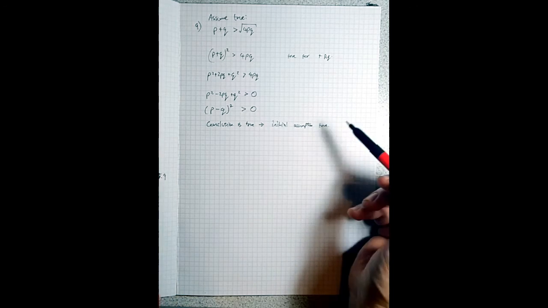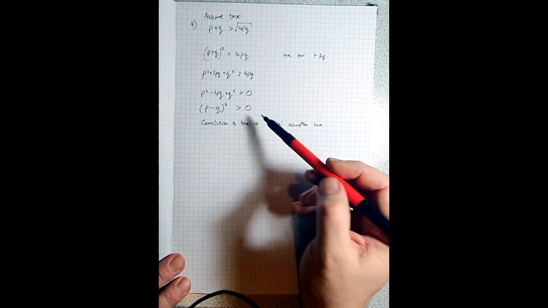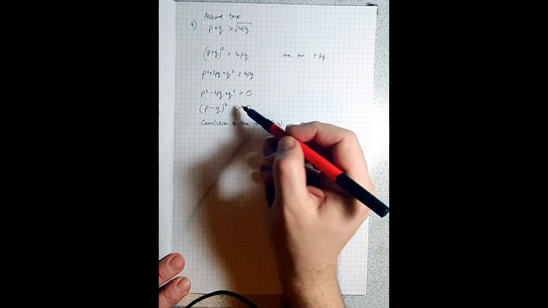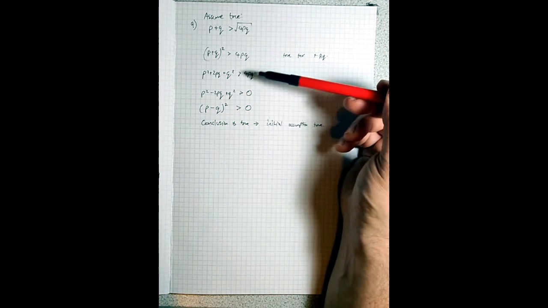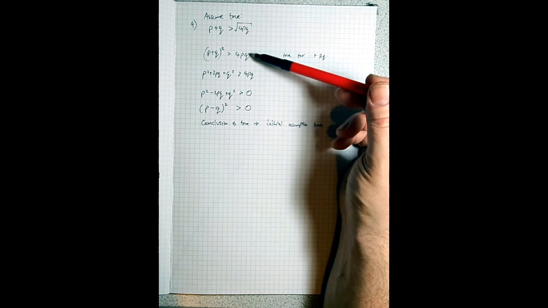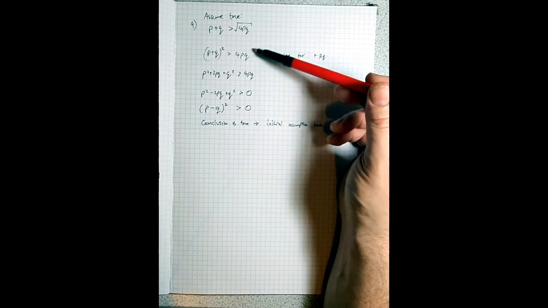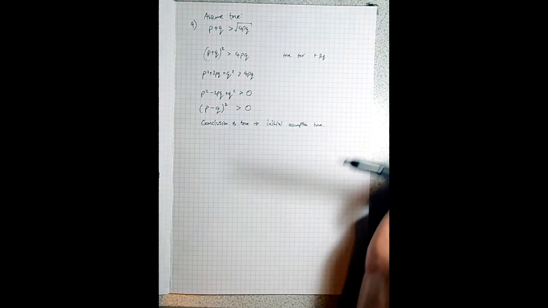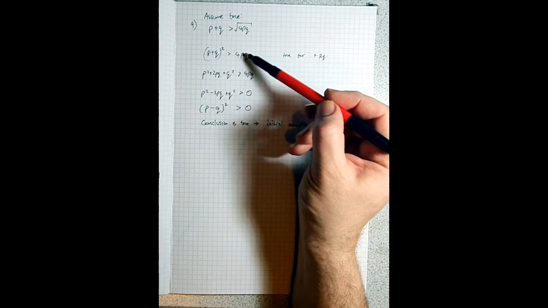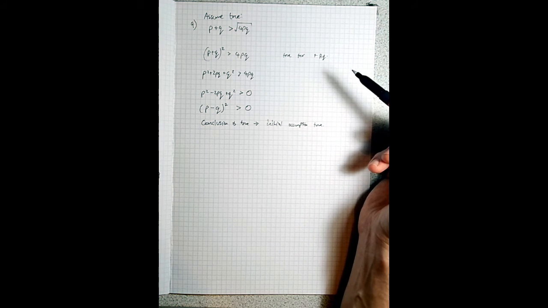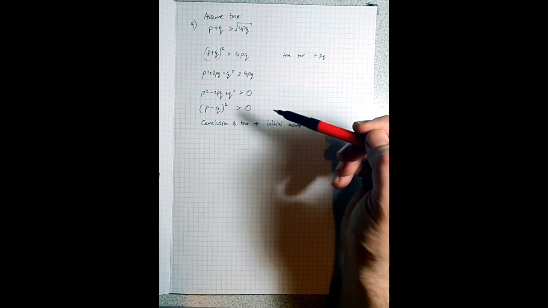Now, the way the book does this is, this is my working out, and it will start with this and work backwards. And of course, this is only going to be true for positive P and Q. This step here, this last step here, because you can only take the square root if PQ is positive. And B, stick some negative numbers in.